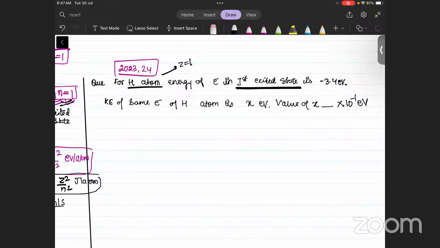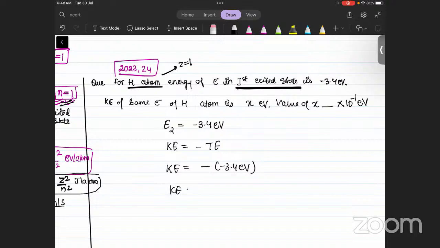So what it is saying is that they have given you the energy of the electron in this state, right? Now what I told you is kinetic energy is negative of total energy. So kinetic energy is equal to minus 3.4 electron volt.